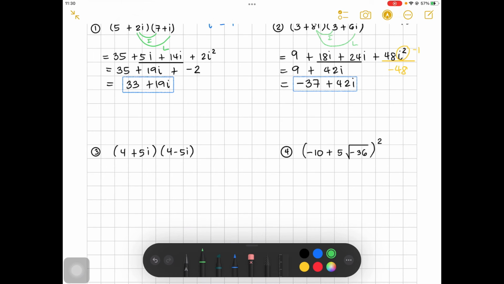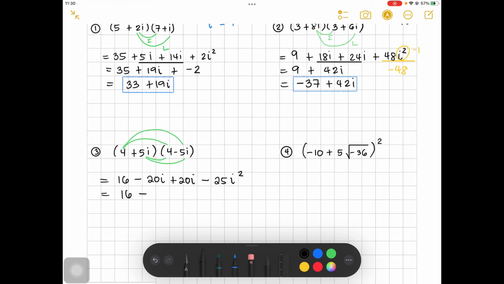Next, applying FOIL method. 16 minus 20i plus 20i minus 25i squared.